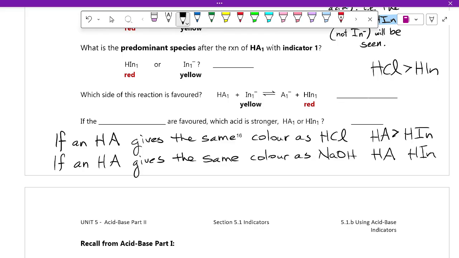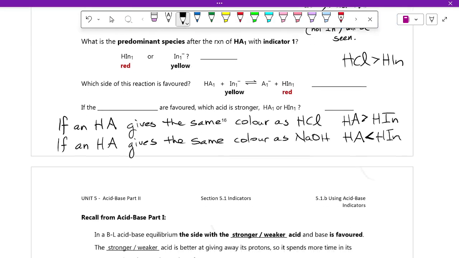Is HA stronger or weaker than HIn? It's weaker. Yes? How do we feel about that? I got a thumbs up. Who else has got a thumbs up on that one? Excellent. Okay. Am I going too slowly? No? Okay.